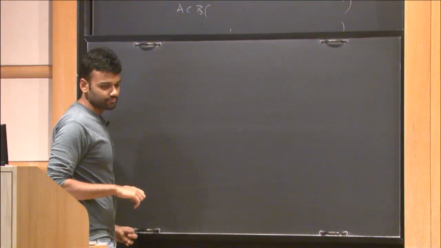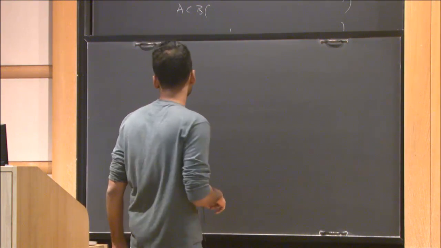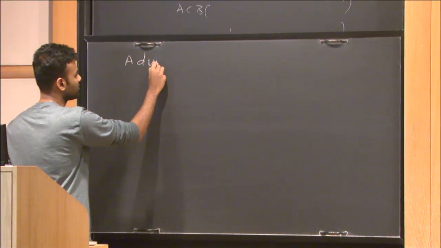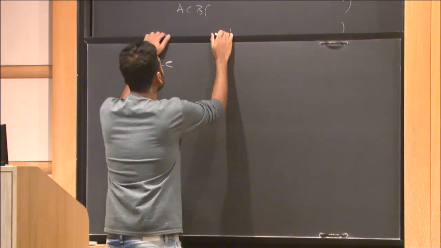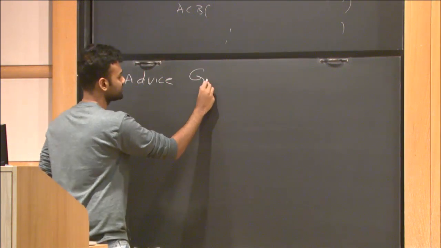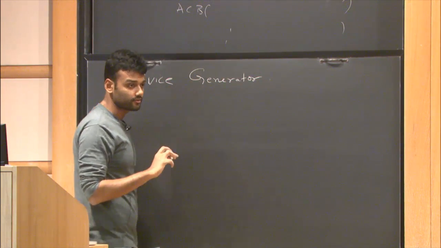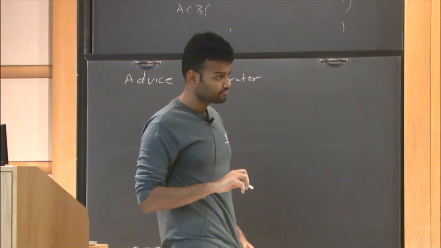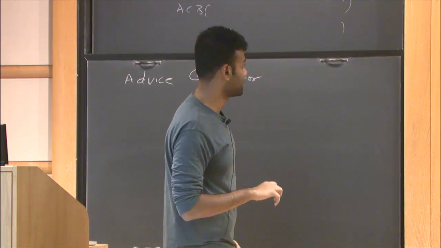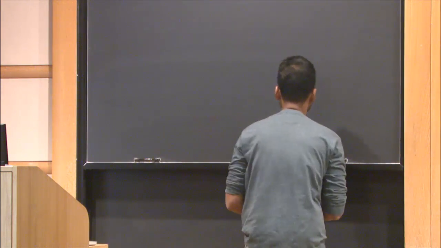Okay, so maybe there is a sub problem, so there is this notion of an advice generator. Maybe just tell us where we were. We were in this picture. It seems like we are almost done assuming something.